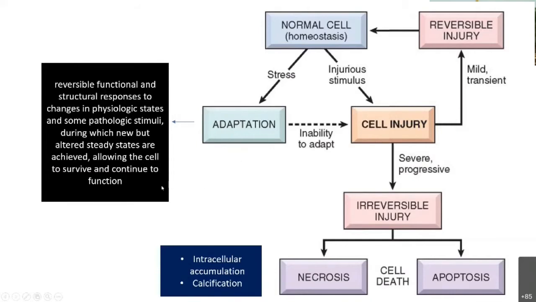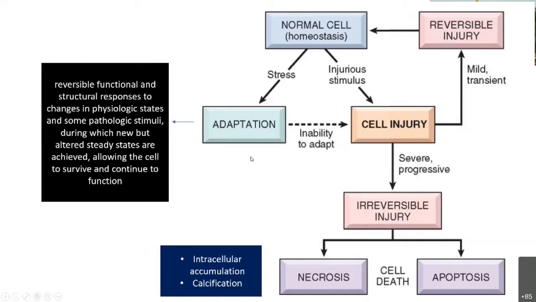Now, what is adaptation? That is a reversible functional and structural response to changes in physiological states or some pathological stimuli. Physiologic states like pregnancy, in which the uterus enlarges. In adaptation also, we have four basic adaptations: hypertrophy, that is increase in the cell size; hyperplasia, increase in the number of cells; atrophy, like in case of disuse atrophy, suppose you have put on a plaster and are immobilized for several days, there will be atrophy of the muscle.